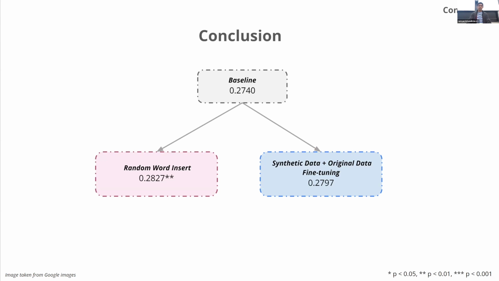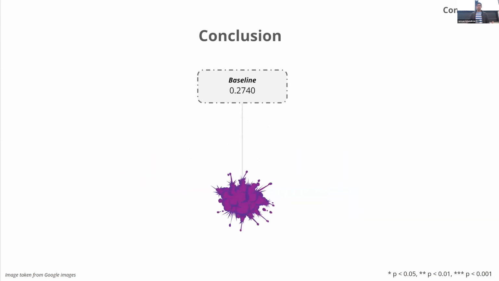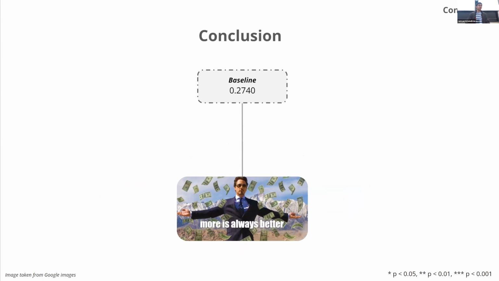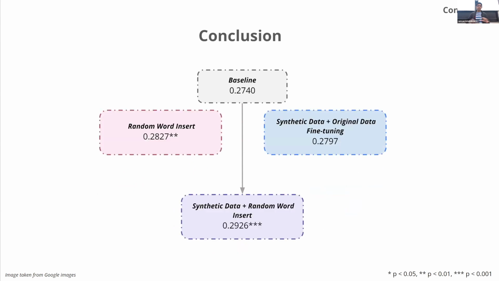Finally, to sum it all up, more is always better, as the more techniques and data that we add, the more we keep improving performance. By combining all these techniques together, we were able to significantly outperform the baseline, with a mean reciprocal rank of 0.2926.